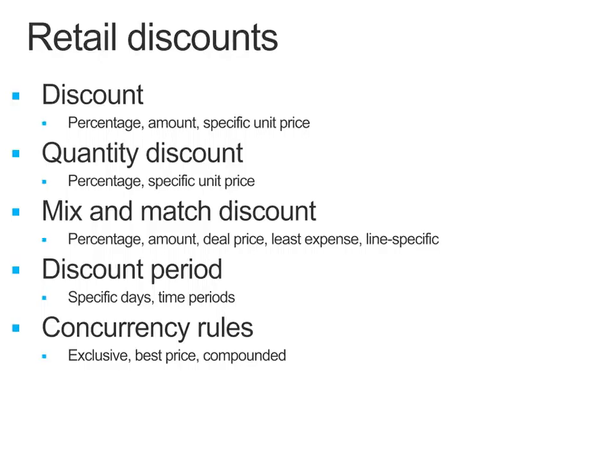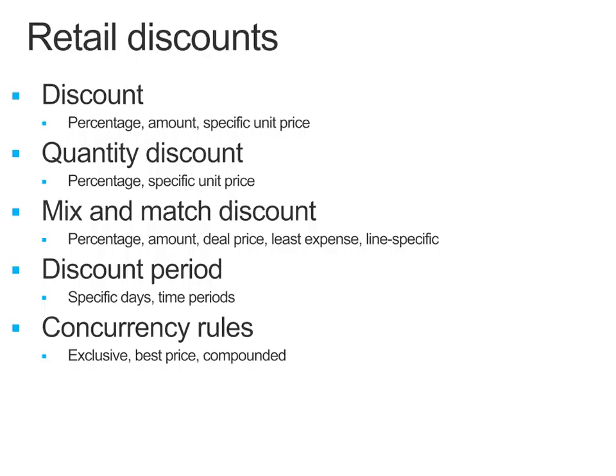It's similar to what I just showed you with the price adjustment. Then you have the quantity discount, where you can specify a percentage off or a specific unit price based on some quantity threshold. So whatever, 10% off if you buy 2, and 15% off if you buy 5, for example.